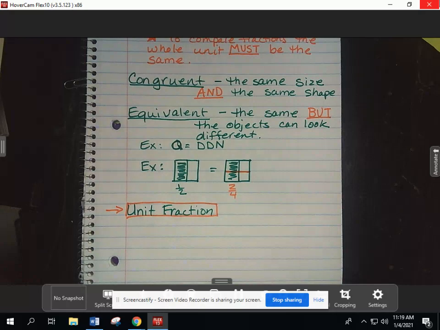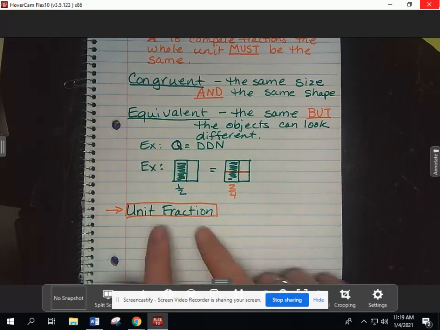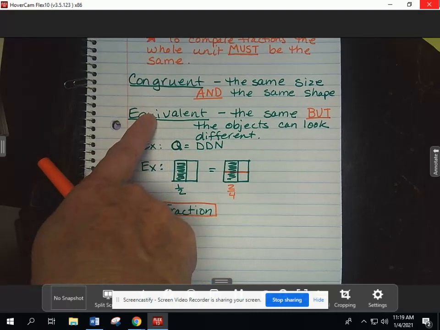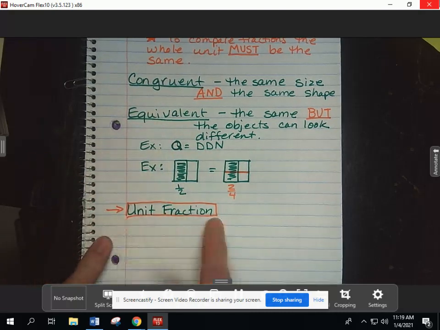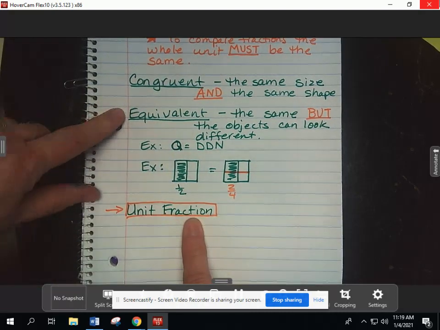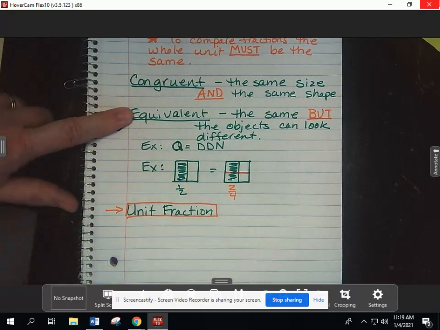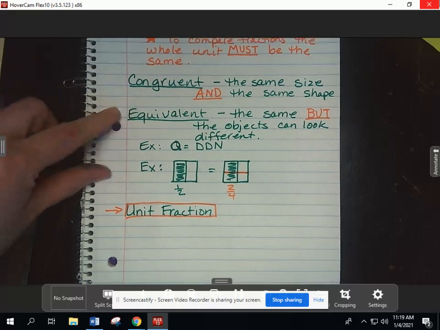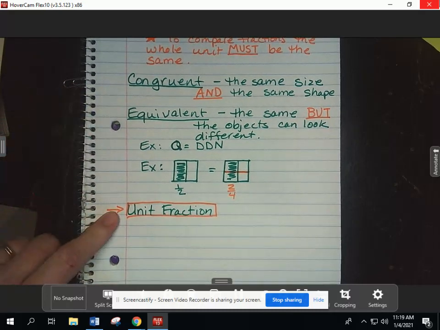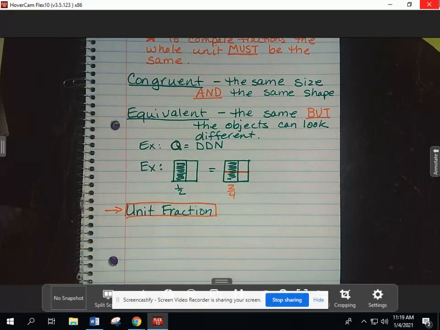Did you see the unit fractions word in our screener test? Yes. Unit fractions are very important because if we don't understand this, we can't understand this one. We have to understand this before we can understand equivalent. So remember, 4th grade, the most important fraction word you learn is equivalent. In 3rd grade, the most important fraction word you learn is unit fraction. So I keep saying a unit fraction. What's a unit fraction?